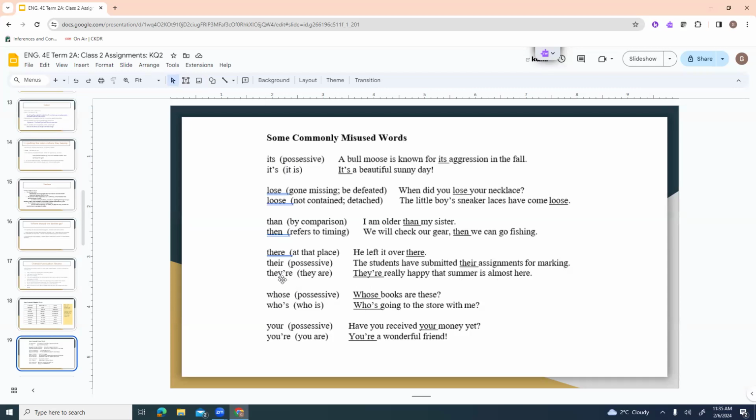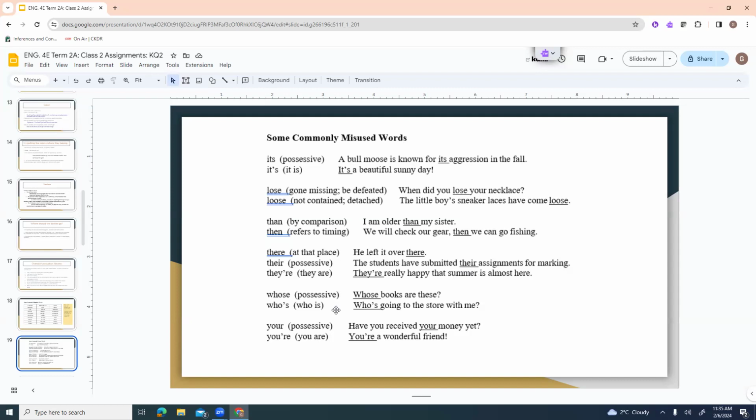If I can expand it to they are, then I'm writing the contraction. If I couldn't, then it's got to be this one. They are really happy that summer is almost here. Yes, so that one would have to be the contraction. But I couldn't say the students have submitted they are assignments for marking. That doesn't make any sense, right? So then I want the possessive format.